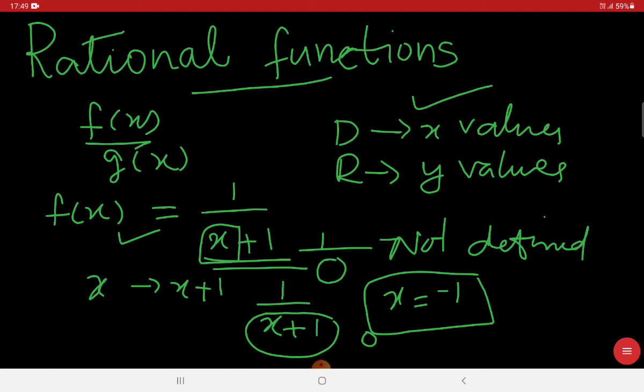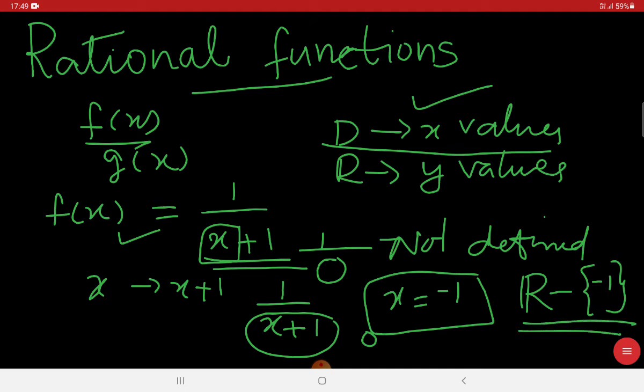So the domain means it is the set of all real numbers, from that we have to remove -1. So R minus the set {-1}. Okay. So the domain is equal to R minus {-1}.